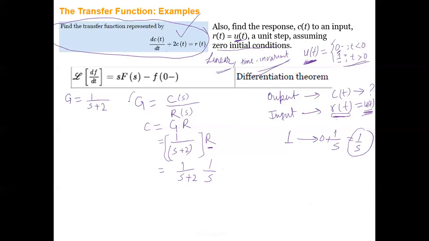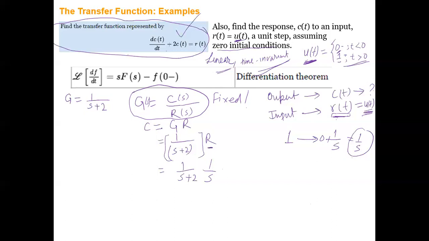So what is the definition of G? Big C over big R. That's the definition. We cannot change the definition. This is fixed. G(s) is big C(s) over big R(s). From here, how do you find C?